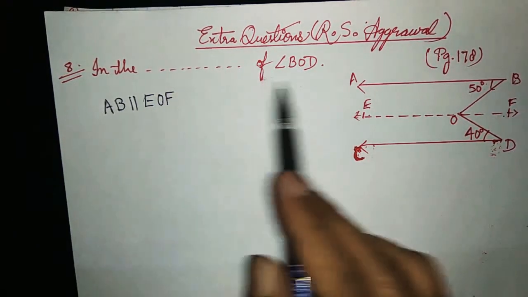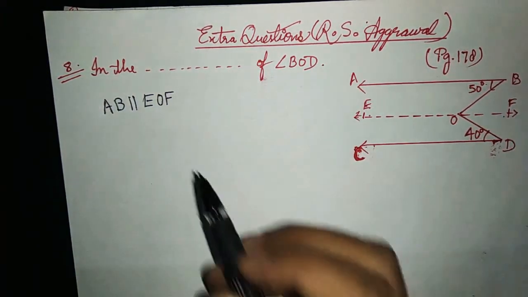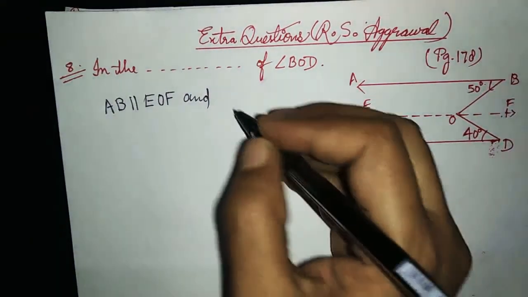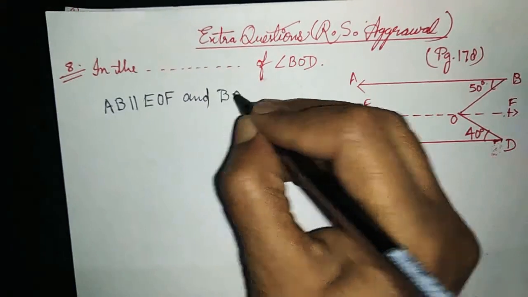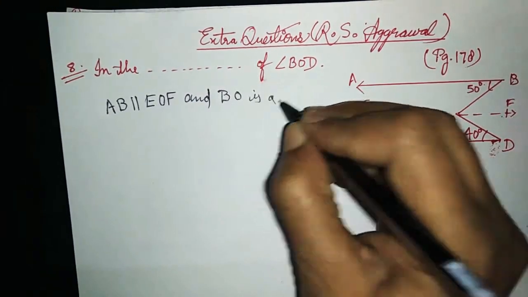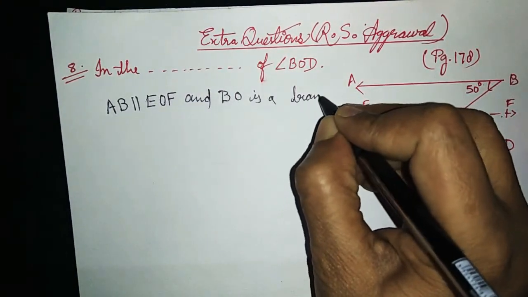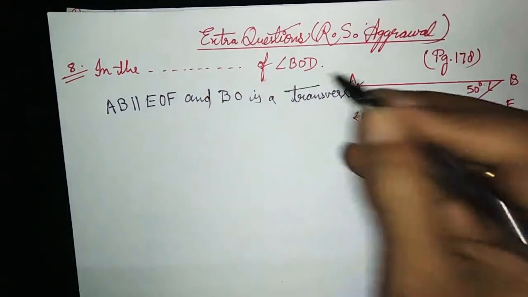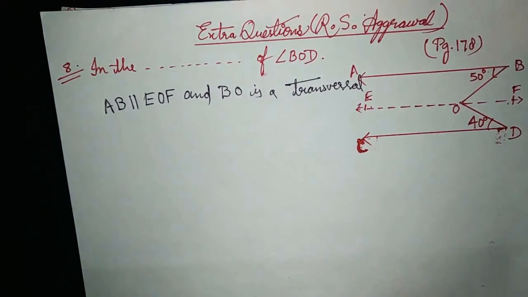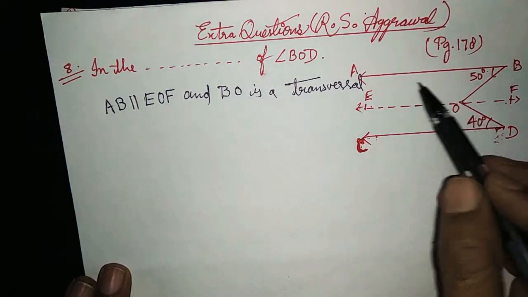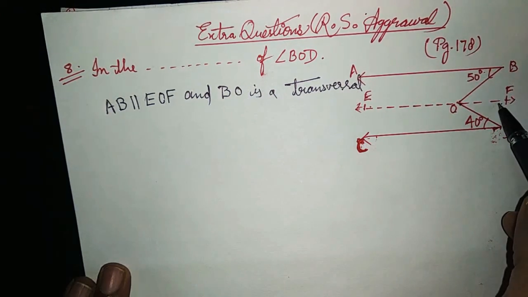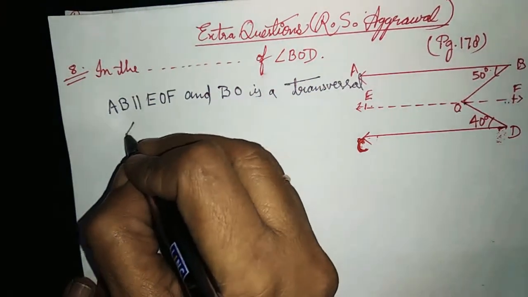For this, AB is parallel to EOF and BO is a transversal. Now here we can see angle ABO and angle BOF both are equal.